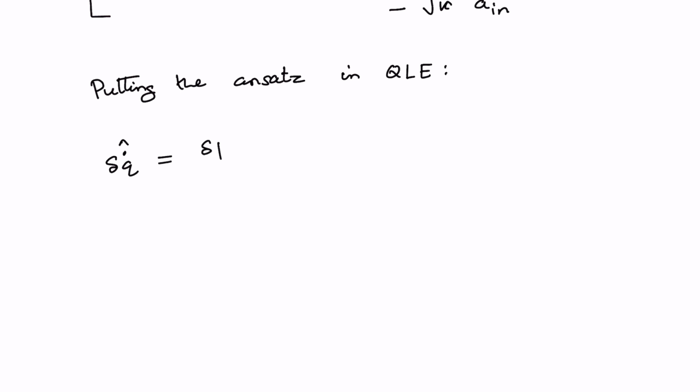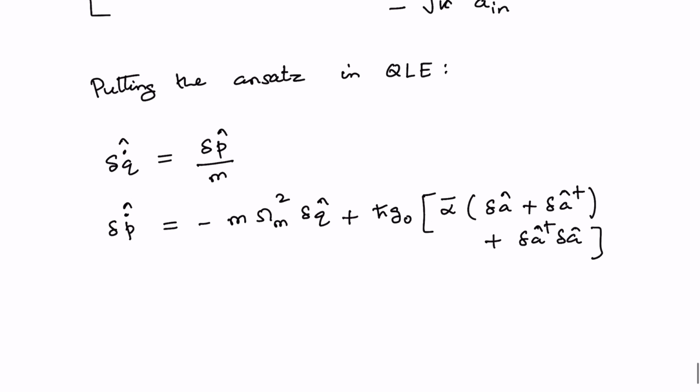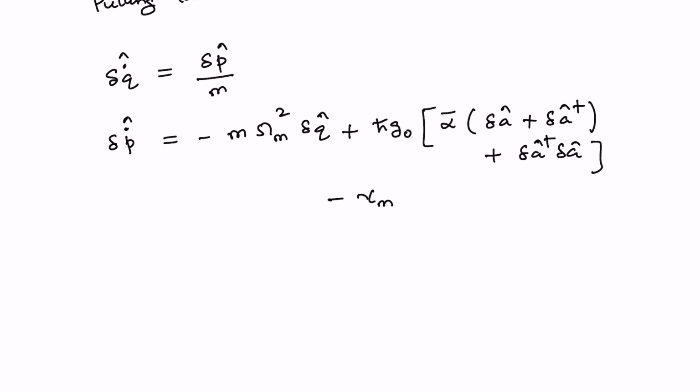is equal to delta P by M, and similarly delta P dot is equal to minus M omega M square delta Q plus h bar z0 times alpha bar delta A plus delta A dagger plus delta A dagger delta A. These are very algebraic, you can easily get it. You also have the term minus gamma M delta P plus the Langevin noise.